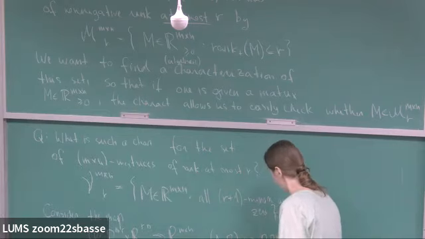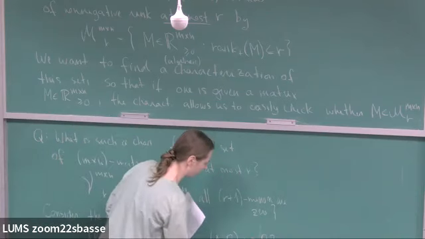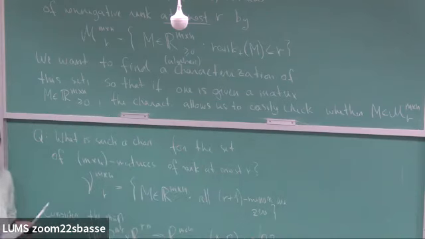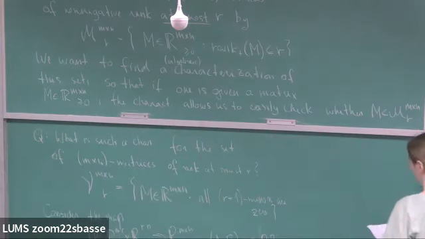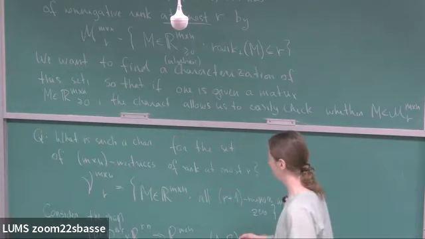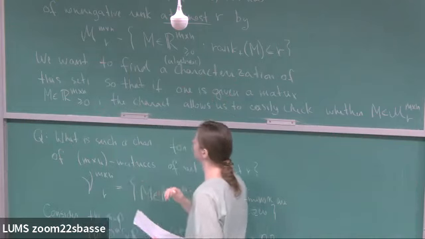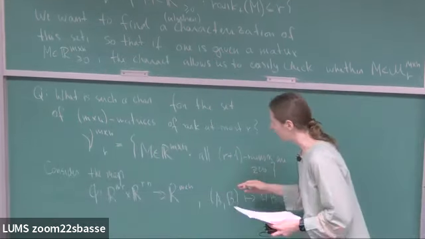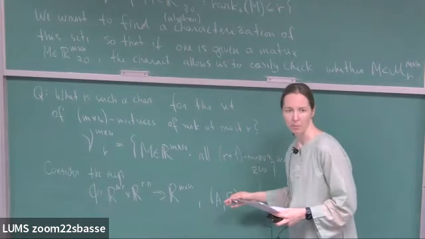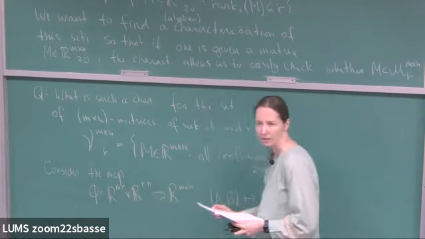This is a map where each coordinate is given by a polynomial. And then if you consider the set of matrices of non-negative rank at most r, it is the image under this map of the non-negative ordinates in this set.